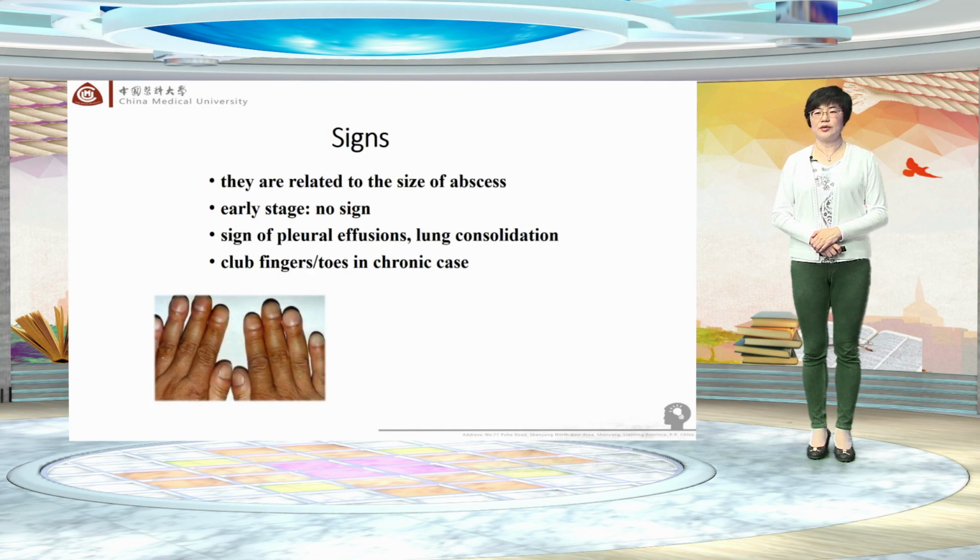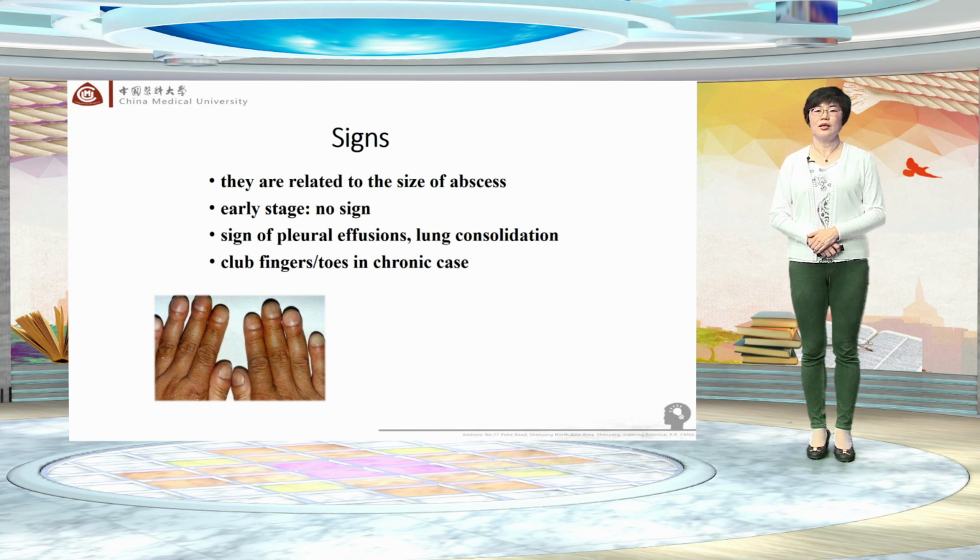The signs of lung abscess are related to the size of the abscess. It can change very much. For example, at the early stage of lung abscess, we could see no sign. It's very normal. With the development of this disease, the signs could be shown because of the complications, such as pleural effusion, lung consolidation.